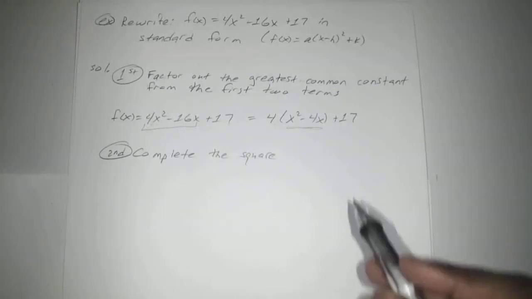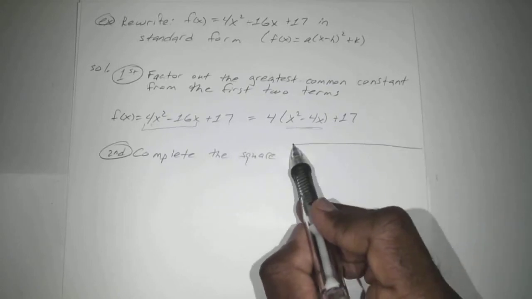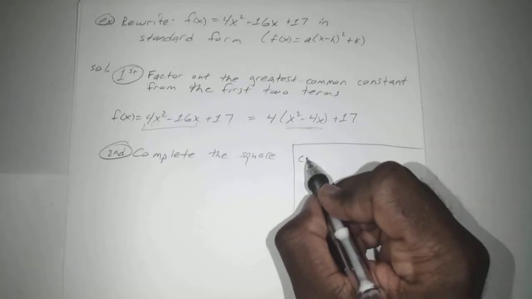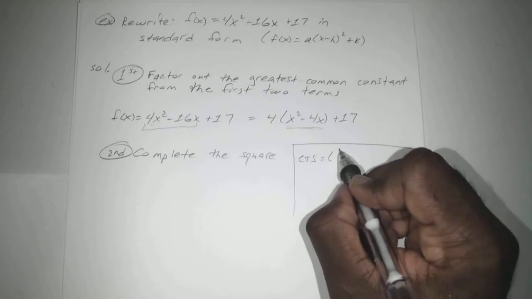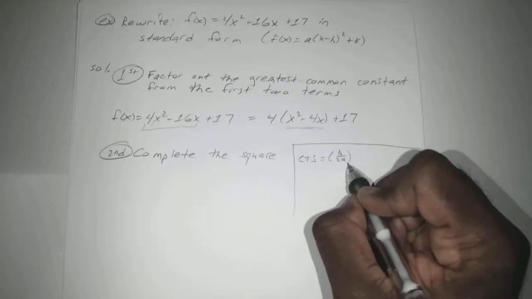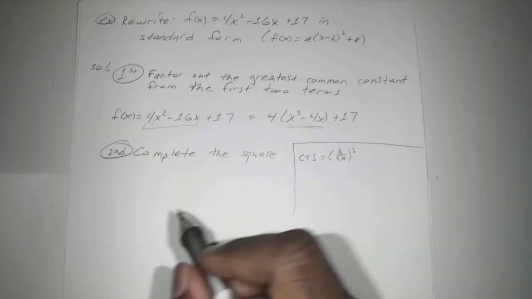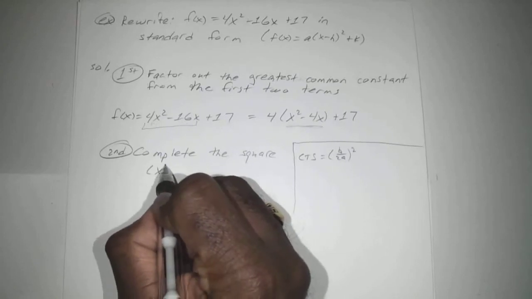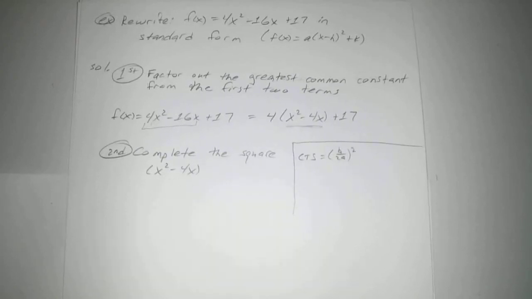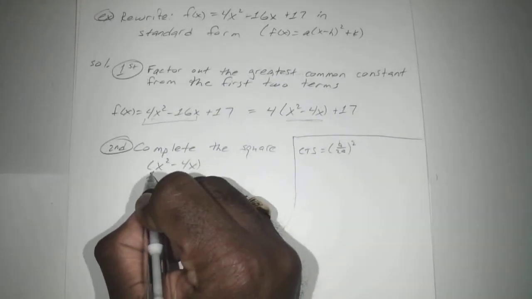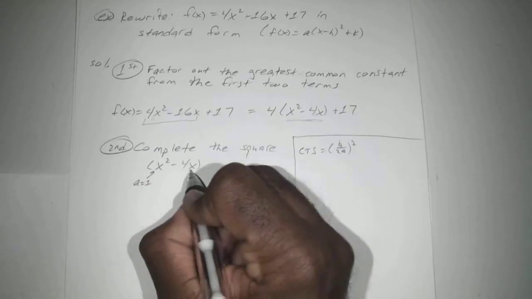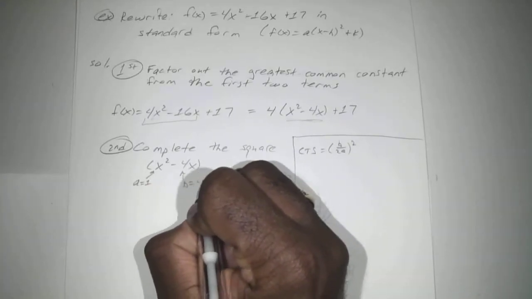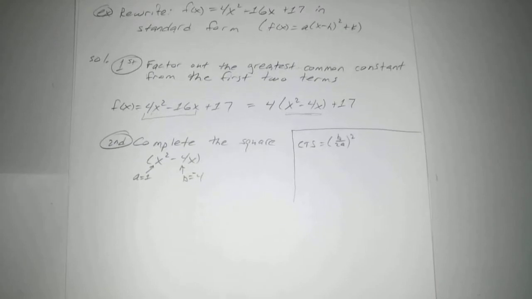Okay, so if you remember, completing the square is b divided by 2a, squared. So for x squared minus 4x, just that part, a is equal to 1, our b is equal to negative 4.